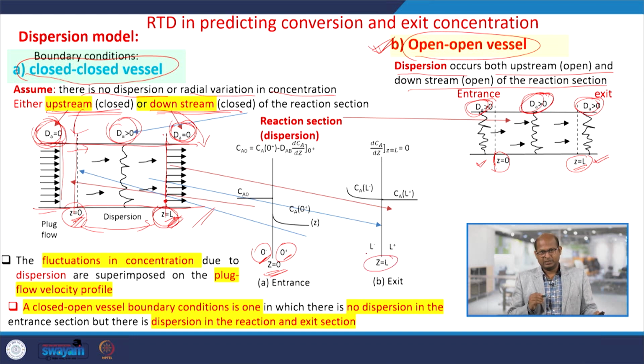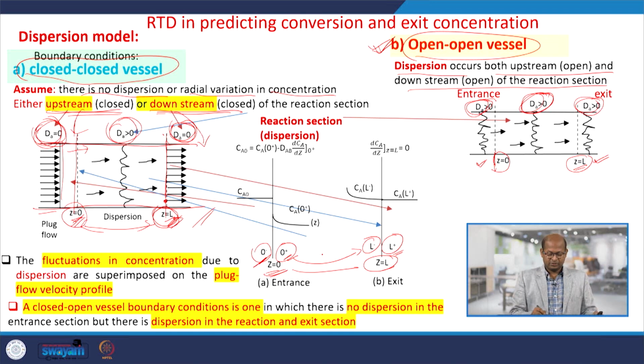Similarly, for z equals L, L minus indicates the left-hand side and L plus indicates just leaving the reactor. 0 minus indicates before entering the reactor. So, from 0 plus to L minus, within that, dispersion exists in this closed vessel.